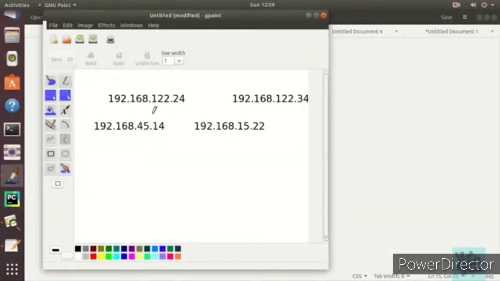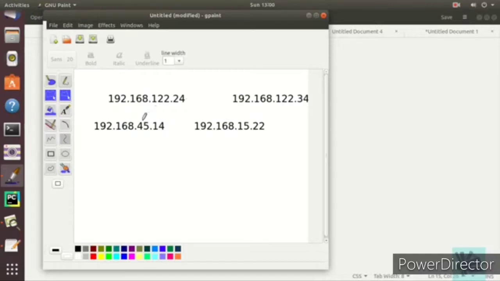First of all, there's one important thing. If you want to connect two machines and share files, you can only do that when your systems have the same network ID and a different host ID. If the network ID is different, it is impossible to connect or share files.